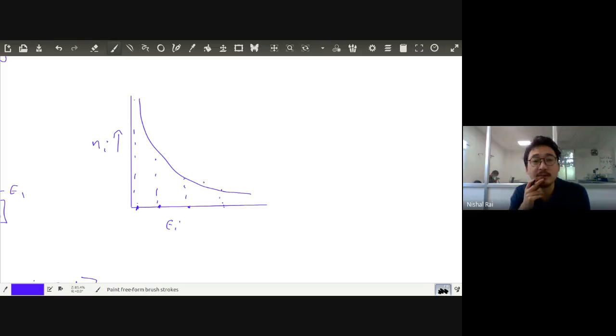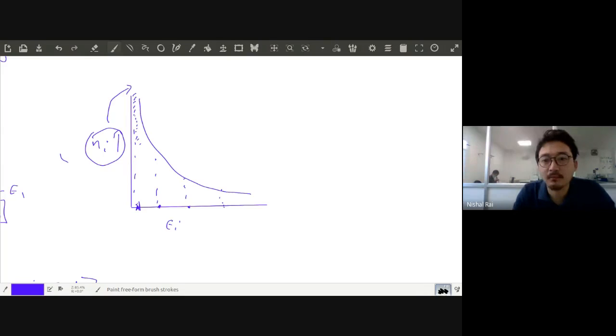Because this is usually how the system behaves. They always want to minimize their energy. So the more particles will try to sit in such a configuration where the energy is extremely low. From the graph itself, we can see that this is happening over here. Really, the number of particles is more in the cells with less energy. Can you see? Is this point clear or not? I can explain it one more time. Is it clear or not?